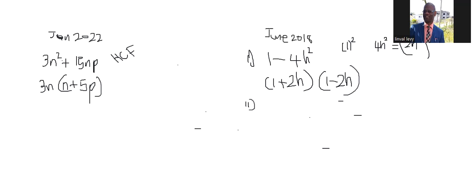And then the next one, we have June 2018. So it's pq minus q squared, minus 3p plus 3q.